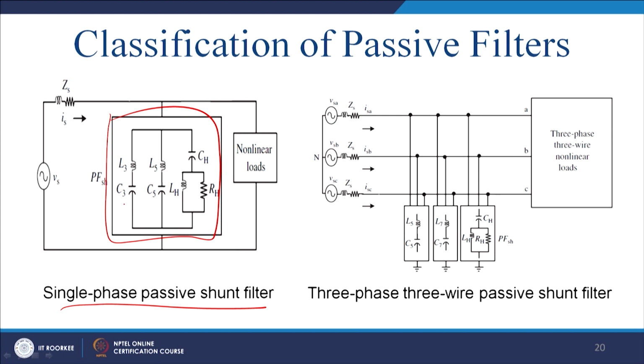This has been tuned to a particular harmonic, this has been tuned to a particular harmonic, and this is a combination of harmonics, we already discussed this. Fifth, seventh, thereafter all the higher order harmonics can be sunk into the system. So, this is the way of doing it.